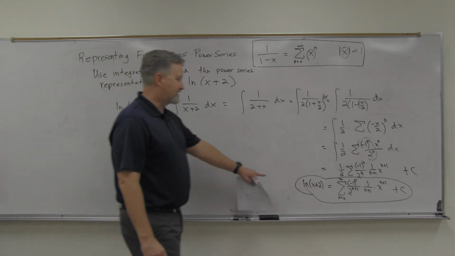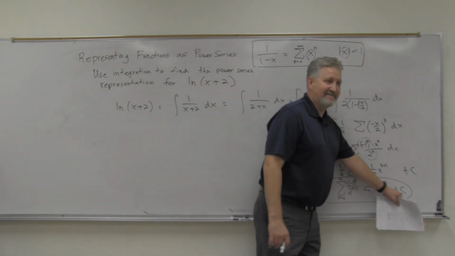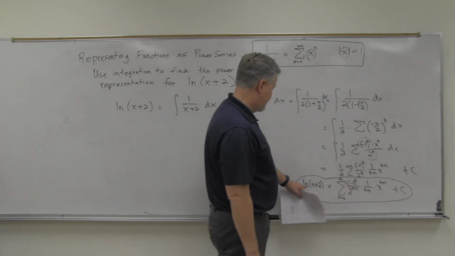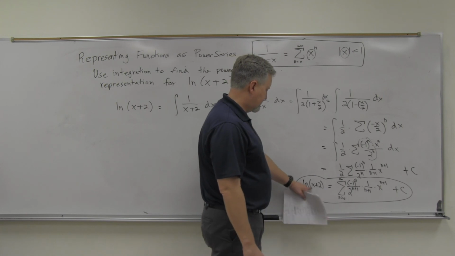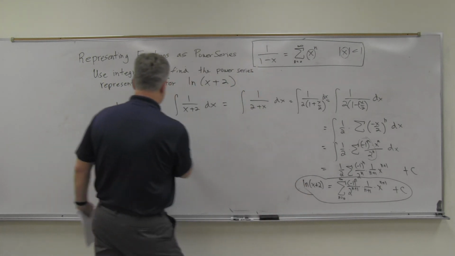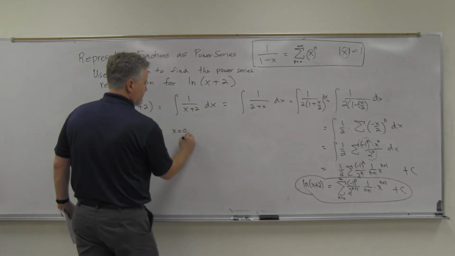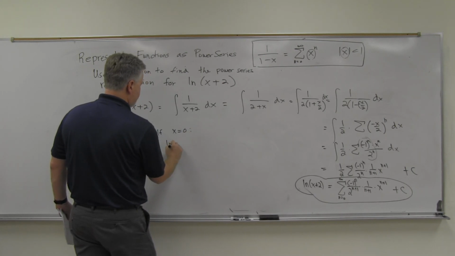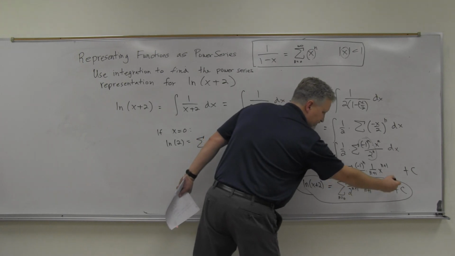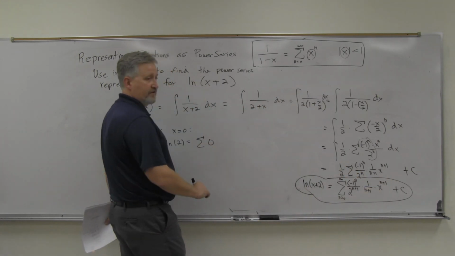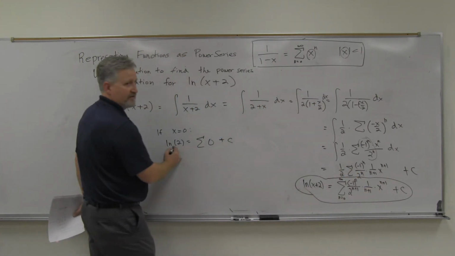Then you're asking about the plus c. In this case, if you do x is 0, to find the c, we'd have ln of 2 equals the sum, all this would be 0 to the n plus 1, so it'd just be the sum of zeros plus c, so c would be the ln of 2, you see.